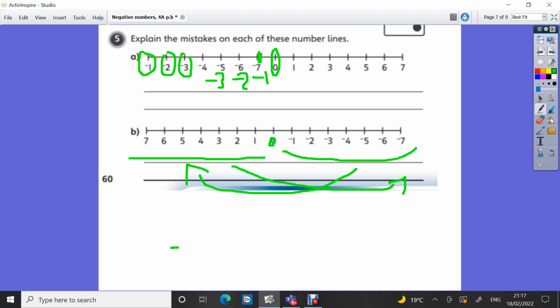Remember students, negative numbers are always on the left side, and on the right side of 0 always come the positive numbers. So if they are writing the negative numbers on the right side, this is a mistake.